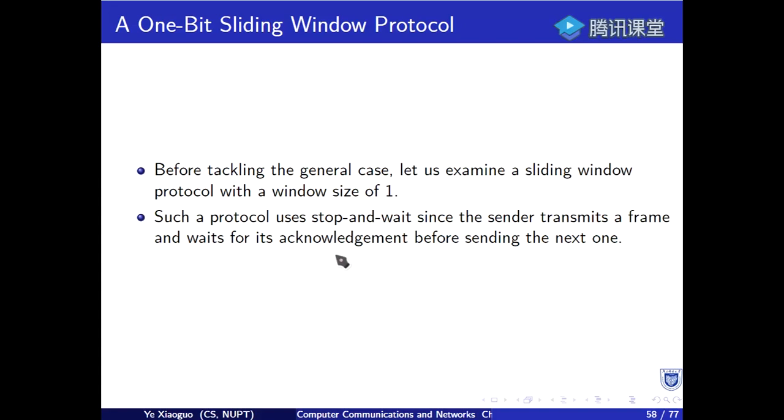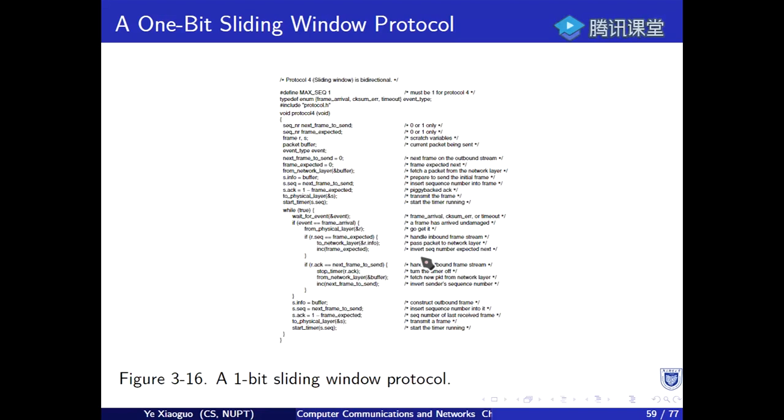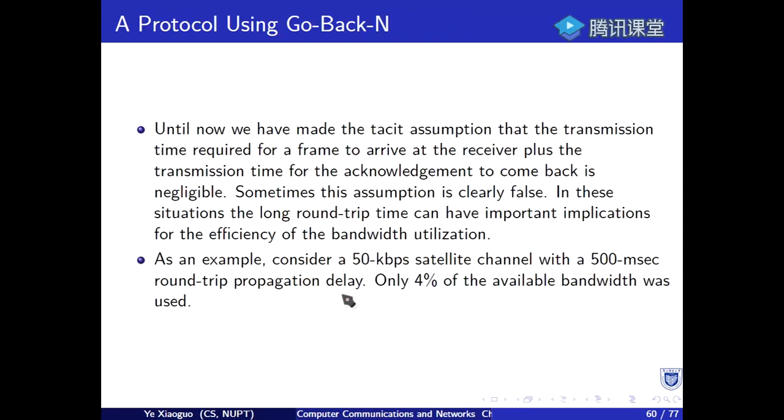Such a protocol uses stop and wait, since the sender transmits a frame and waits for its acknowledgement before sending the next one. So this figure shows the 1-bit sliding window protocol.